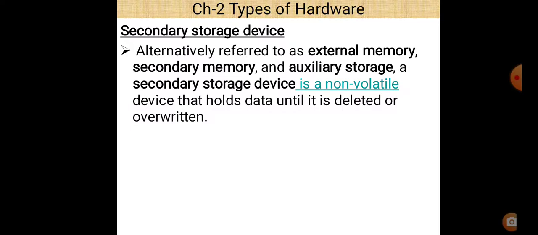Data is stored permanently in a secondary storage device, which is why it is called non-volatile memory. Always remember that it is non-volatile memory, which means we can store data permanently in a secondary storage device.